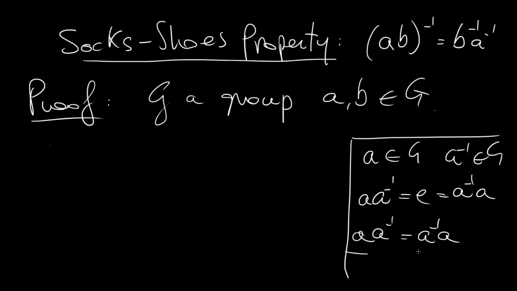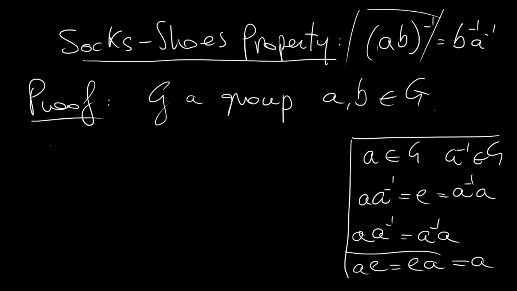Remember that also AE equal EA equal A. So these two elements are commutative in every group. In an abelian group instead, they're all commutative. So keep this in mind.